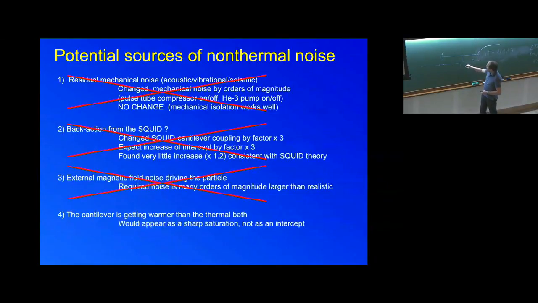But then the thermal noise comes out from dissipation. But where is this dissipation? The dissipation is likely inside the cantilever. It could be due to coupling to phonons, to localized excitations like two-level systems. Most likely it is due to the bending of this cantilever, which stores some elastic energy inside. It's silicon.